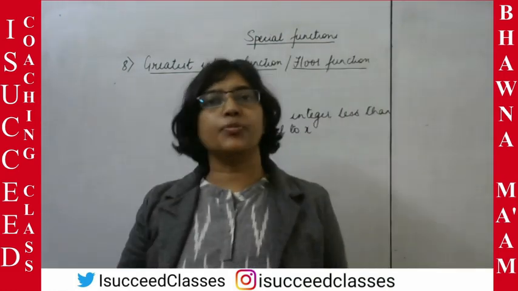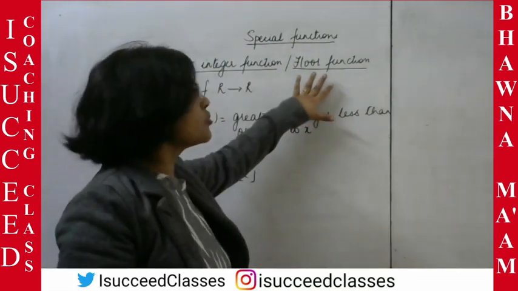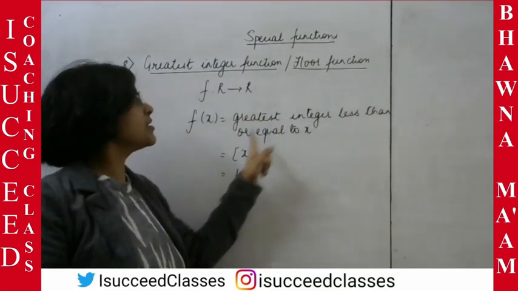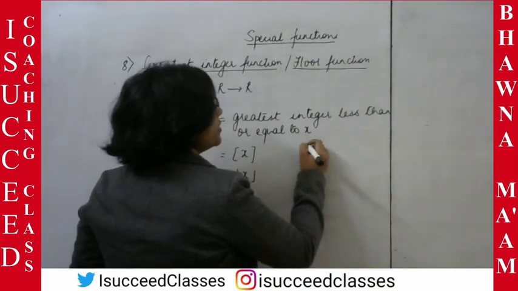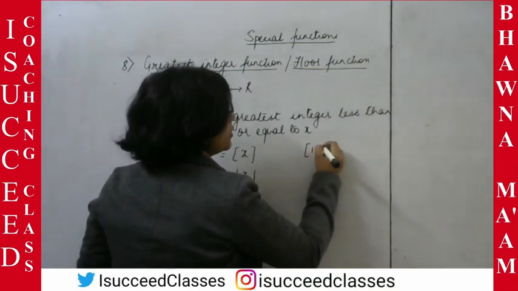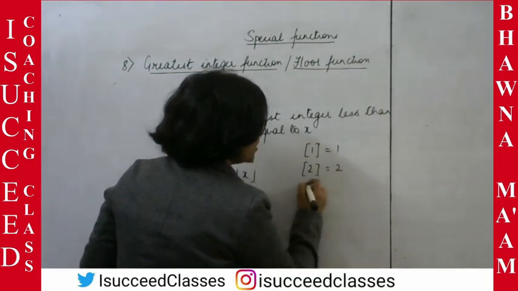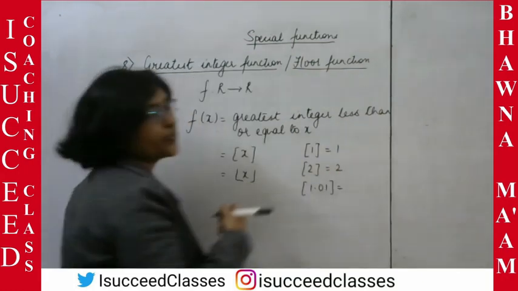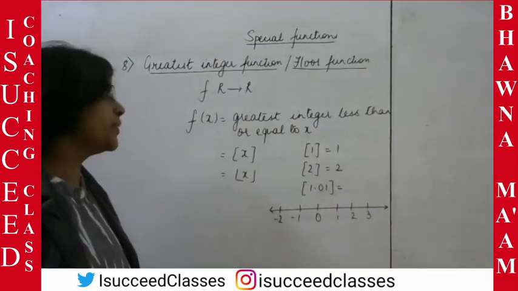It is a type of step function. Let's see why it is called a step function or a floor function. It is defined as the greatest integer less than or equal to x. Now, what do we mean by this? When we are taking any integral value, the answer will be that same integer. But if we take a decimal value, 1.01, for example, let's understand this with a number line.